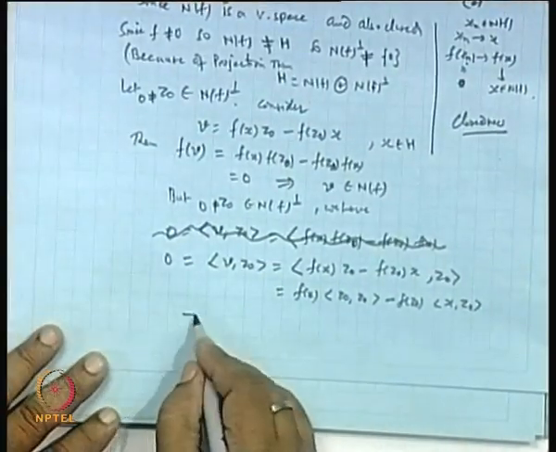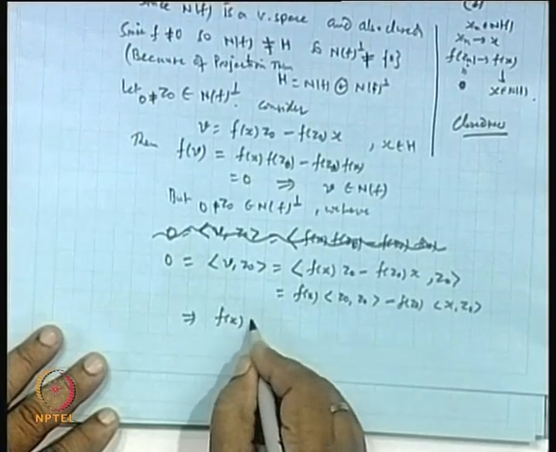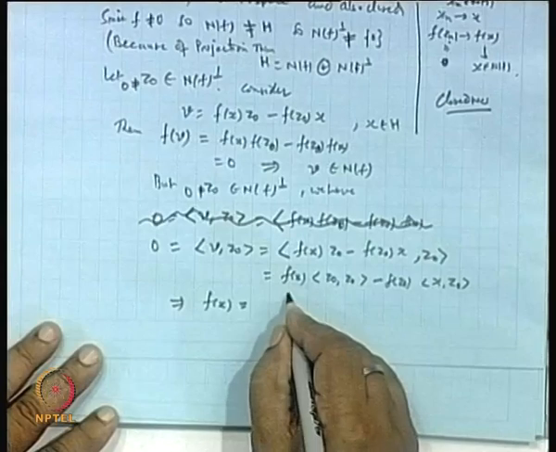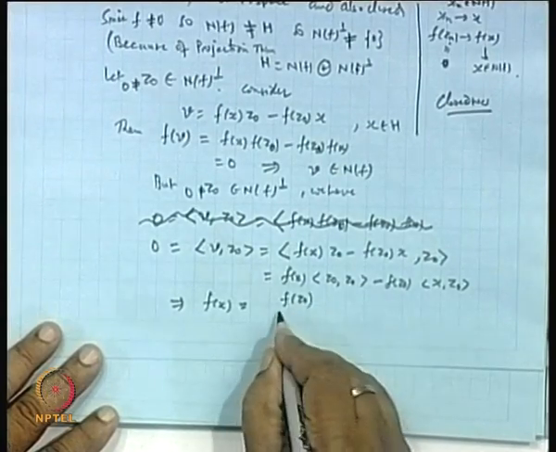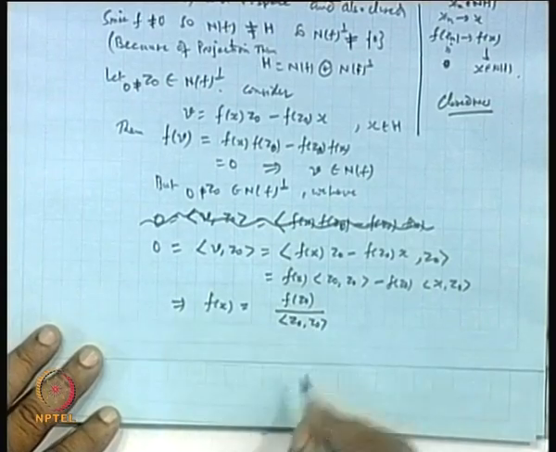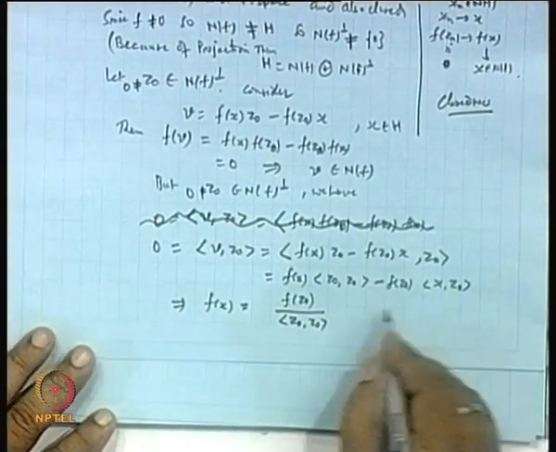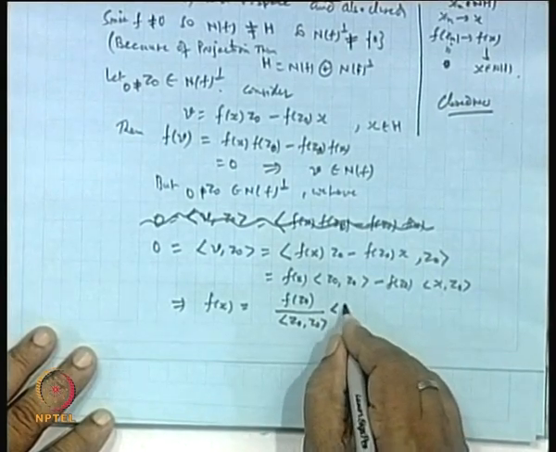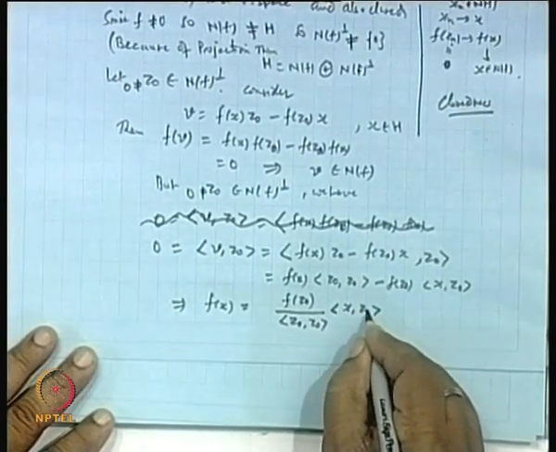From here we get the value of f(x) as f(z0) divided by the inner product of z0 z0, into the inner product of x z0.